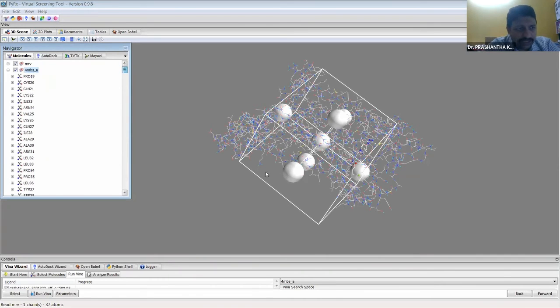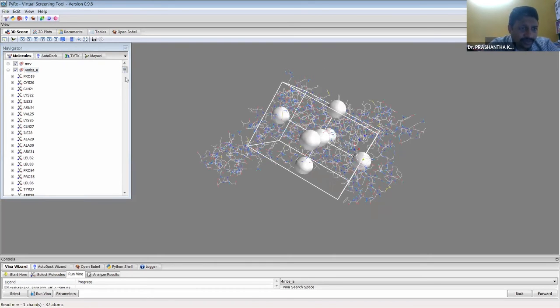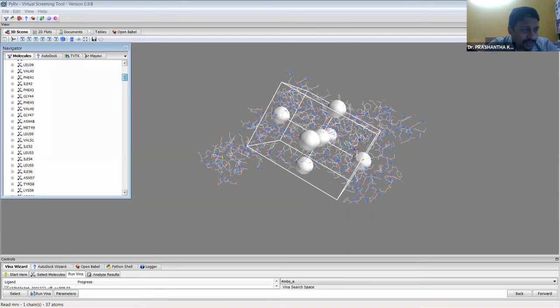And now we want to see our binding site residues. We know that the ligand is forming two hydrogen bonds. Can you tell me the amino acids where the hydrogen bond formation happened? Anyone?